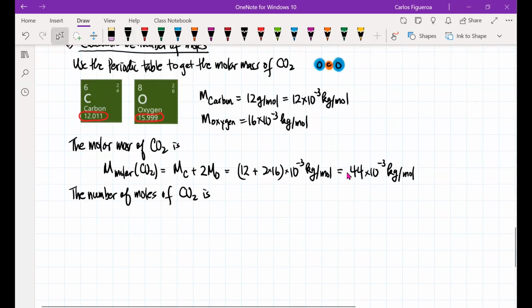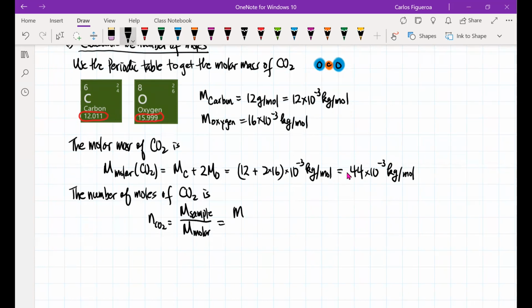So then the number of moles of CO2 should be the mass of the sample divided by the molar mass. Now here, this is then going to be the mass of CO2 divided by the molar mass of CO2.